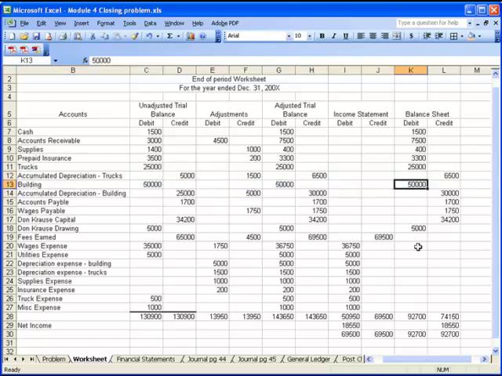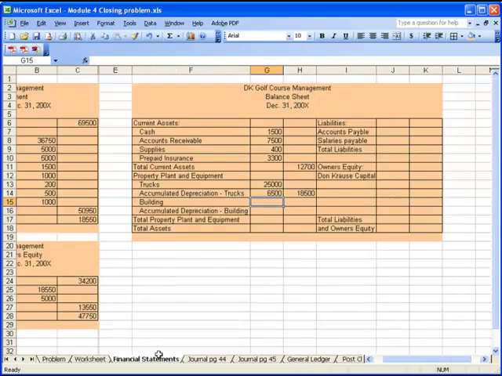My building, the value on my building is right here. It's $50,000. The depreciation is now $30,000. And I think even I can do that math in my head. So we have $50,000 here and accumulated depreciation of $30,000. That makes the book value of our building $20,000.